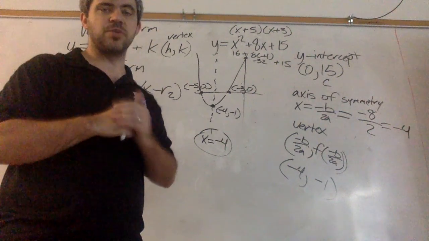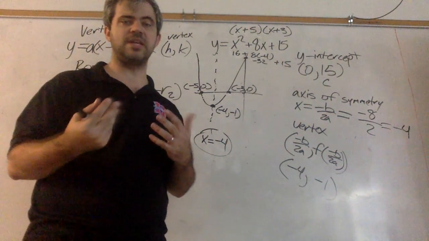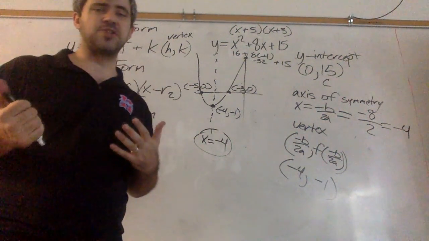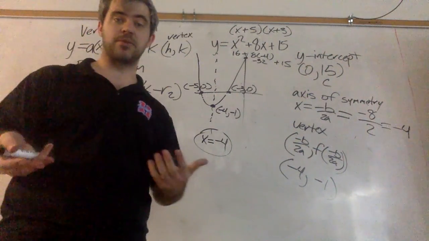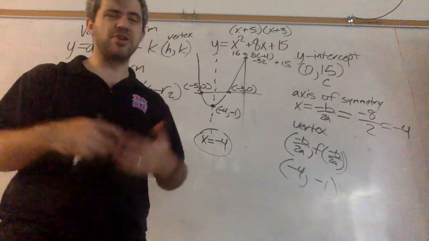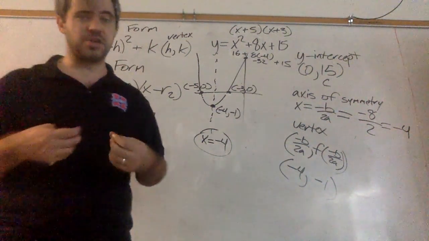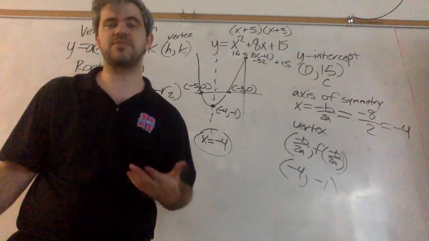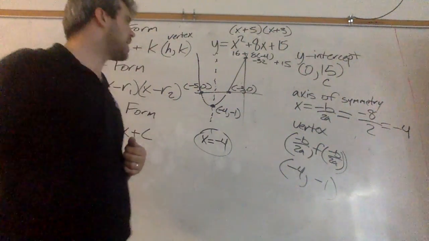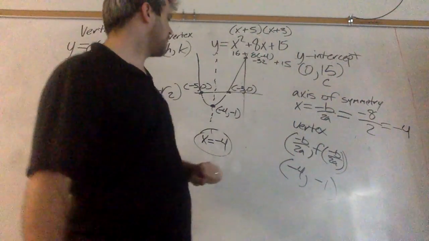Okay, so that's pretty much all the information we need here. Your homework will also ask you to find some other points. Whenever you're graphing something, if you want to know how to graph it, just start plugging things in for x to see what you get. We know what we get if we plug in 0.